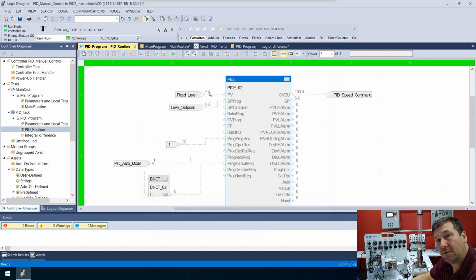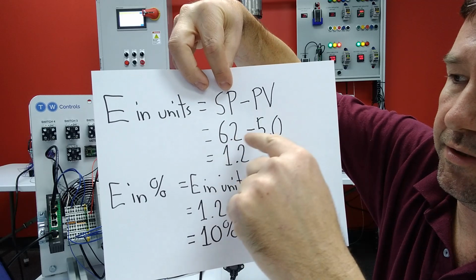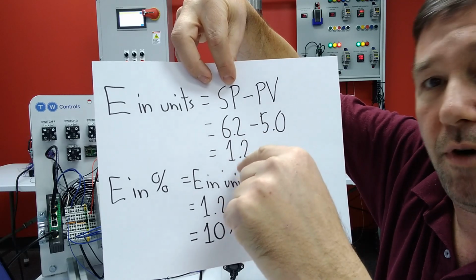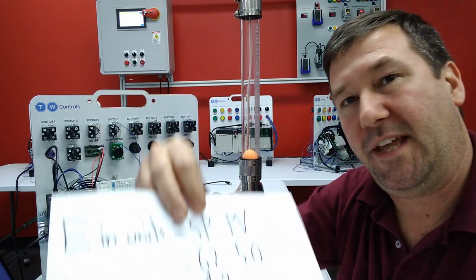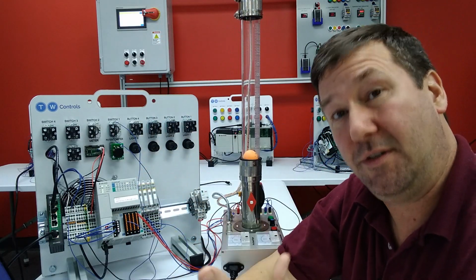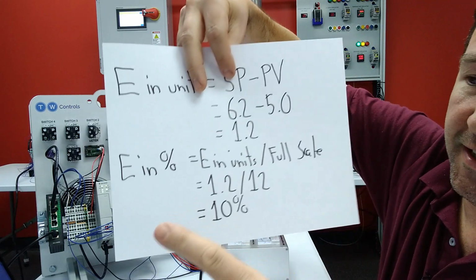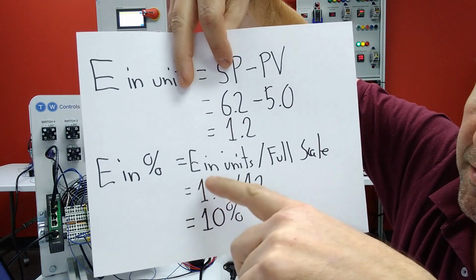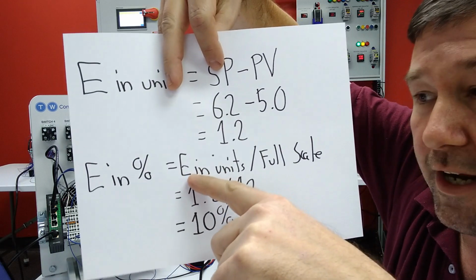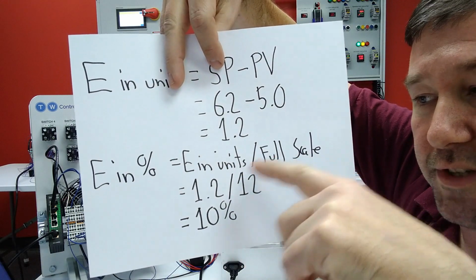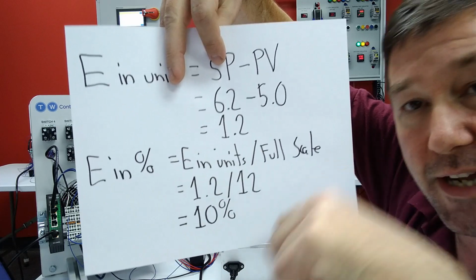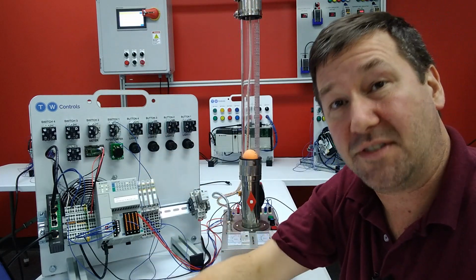Our fixed level is 5. 6.2 minus 5 equals 1.2. But that's 1.2 units. That is not percent of scale. So once you take into account percent of scale, that's your error in units divided by full scale, or 1.2 divided by 12, which is going to equal 10 percent.